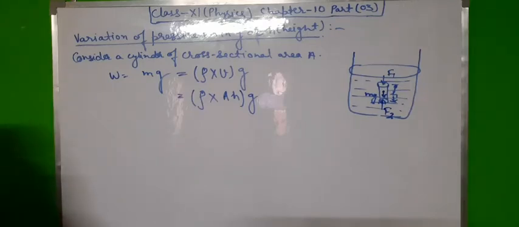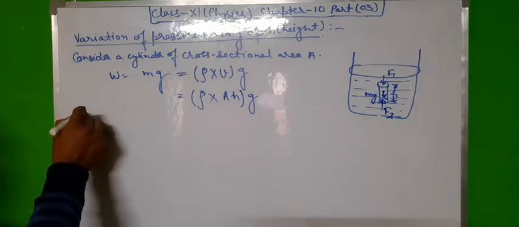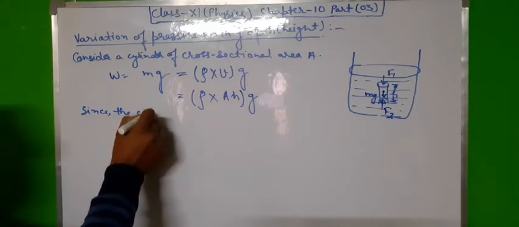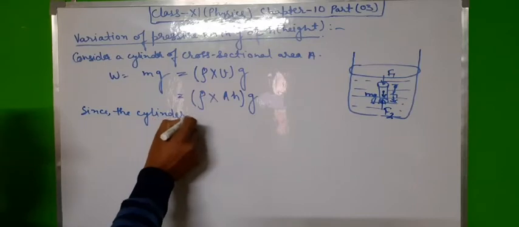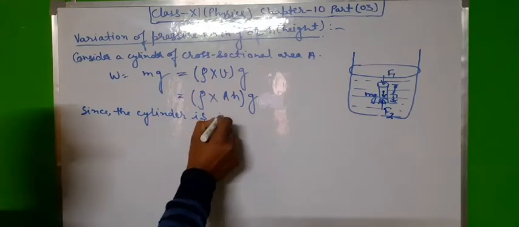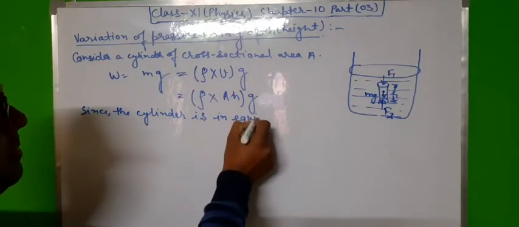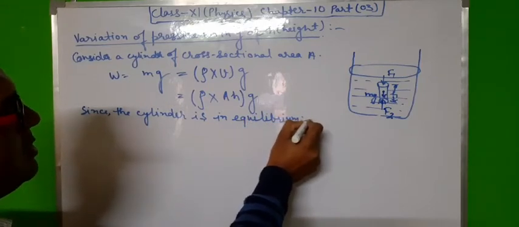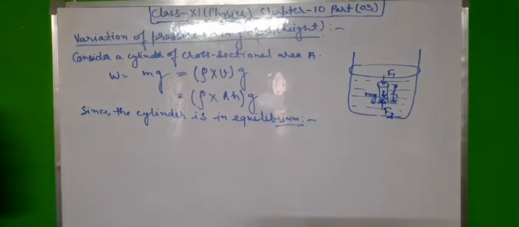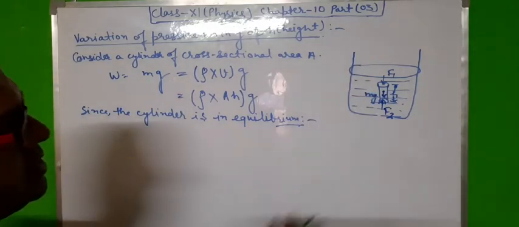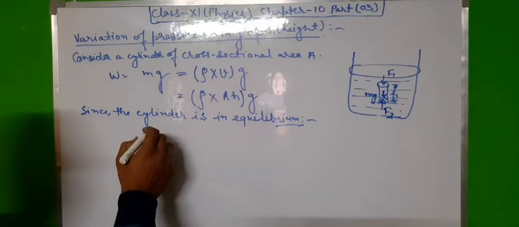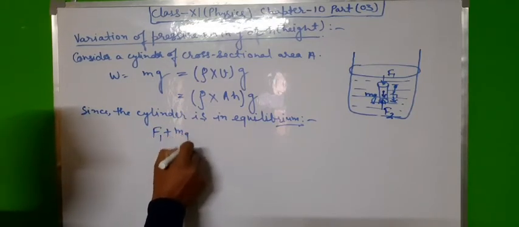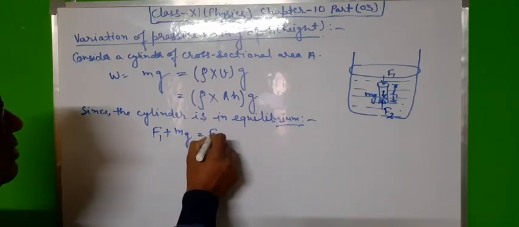Now balancing the forces, since the cylinder is in equilibrium, F1 plus mg is equal to F2.